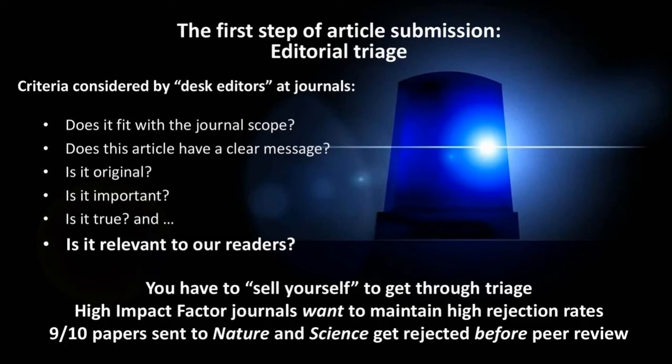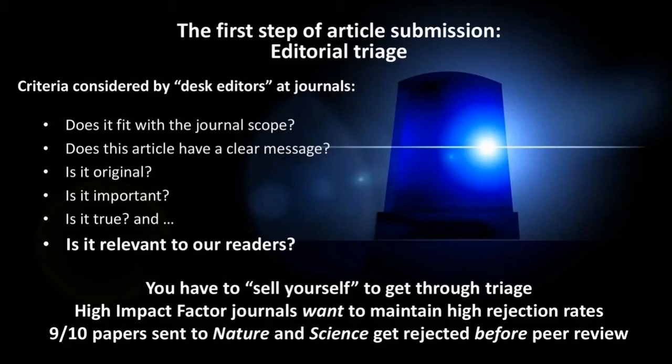And of course, you are going to go to journals with high impact factors, quality journals. So you are going to compete with lots of other articles for space in those journals. So you've got to clearly communicate to editors why your work is important, why it's relevant to those readers.